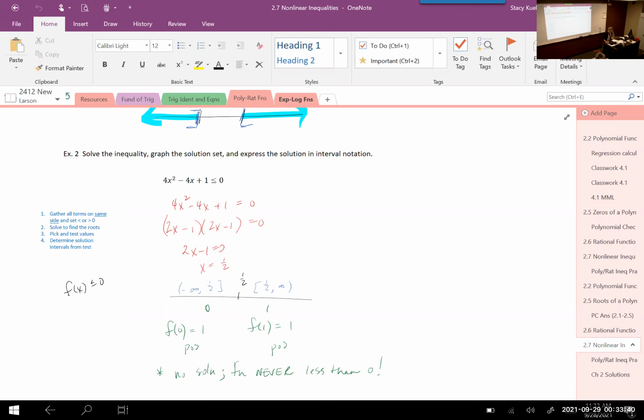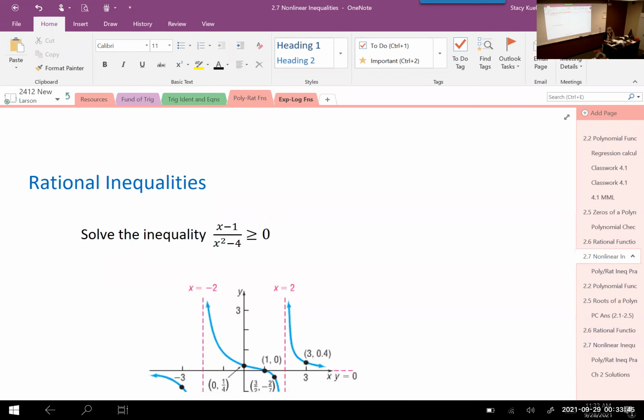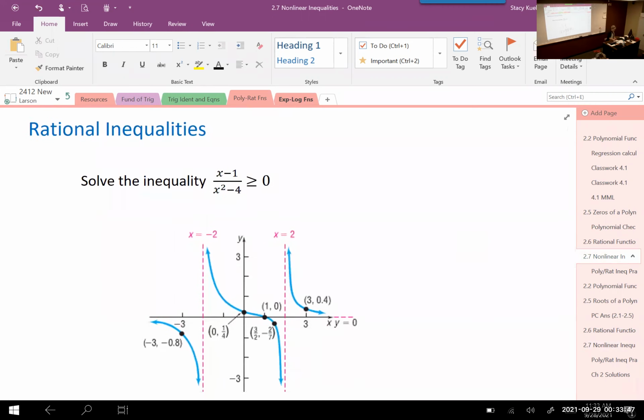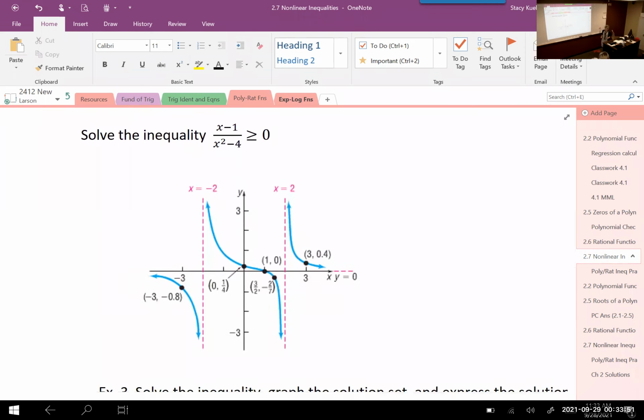All right. Factoring, right? We got to practice with our factoring. Okay, let's look at rational inequalities. Same concept as what we were looking at before, in that I'm interested in where the function is, in this particular case, positive or above the x-axis. Okay, but we have two things to consider this time.